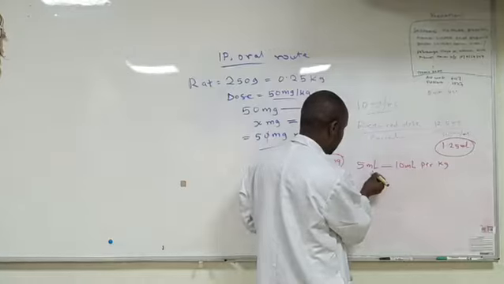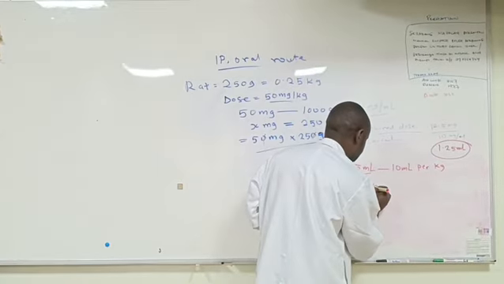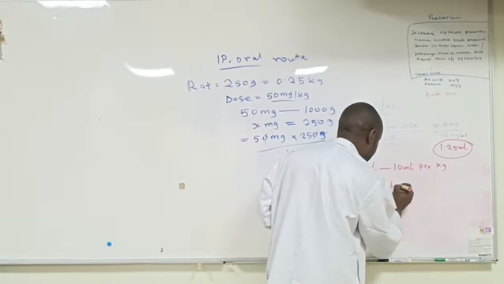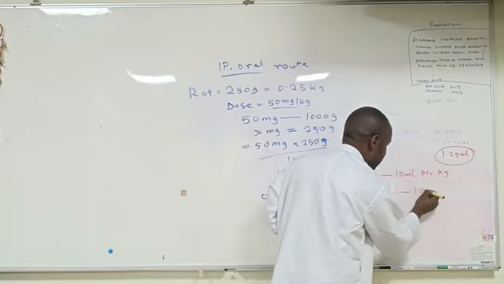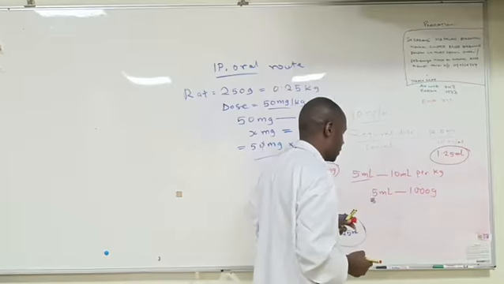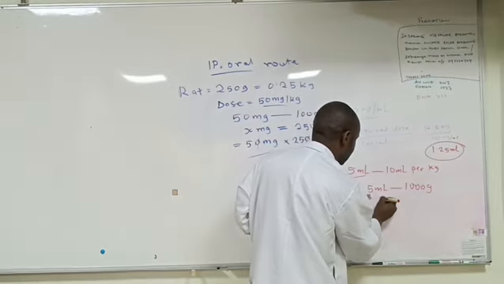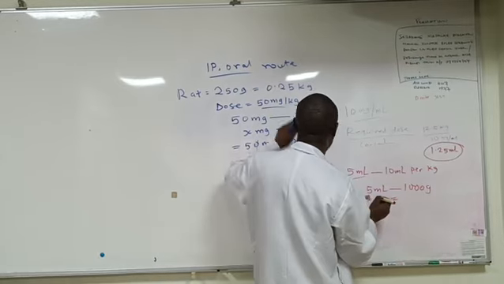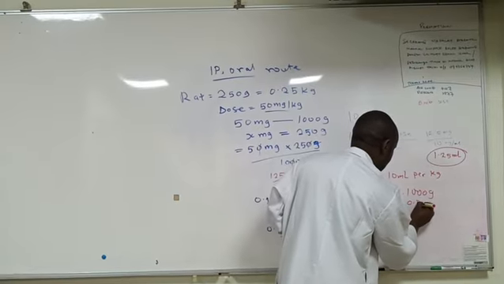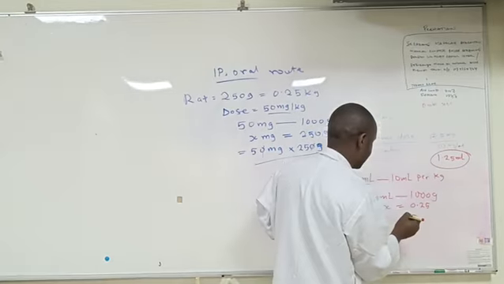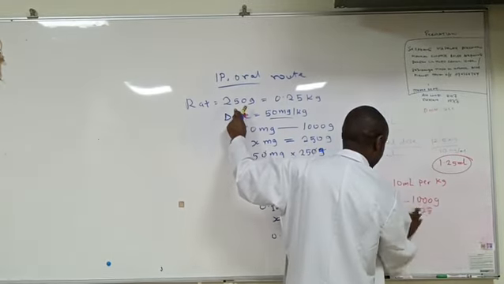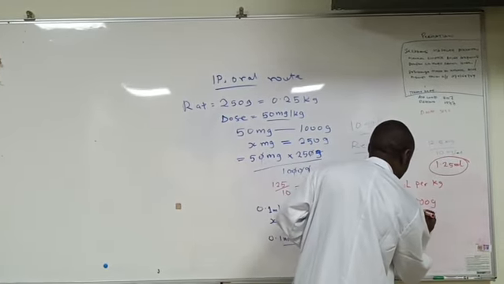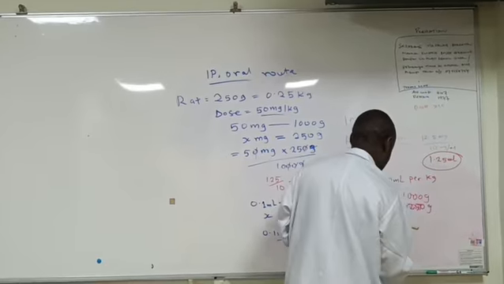If we are taking the lower one, let's say 5 ml in 1 kg, meaning 1,000 gram rats, how many mls would be administered to the 0.25 kg, 250 gram animal?